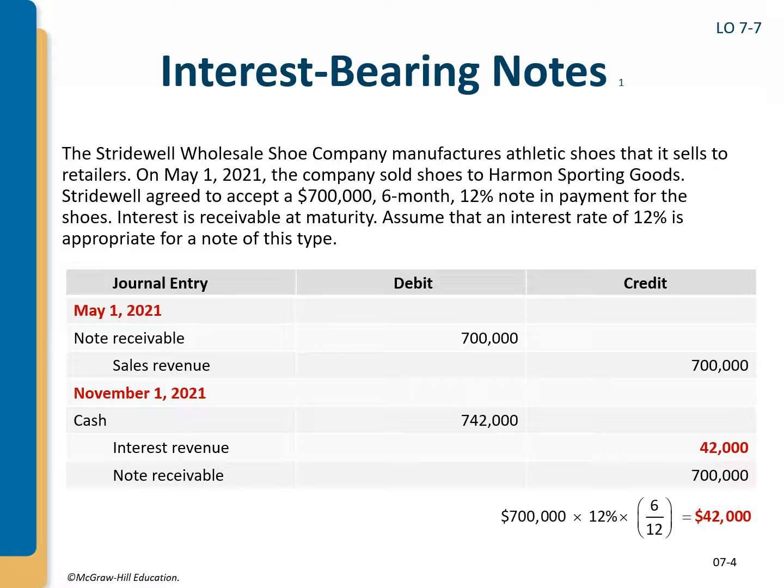So the interest revenue that Stridewell will recognize, $42,000. So Harmon will be paying back to Stridewell $742,000 in cash. So that is how we record notes receivables. You may remember it a little bit from Accounting 111.